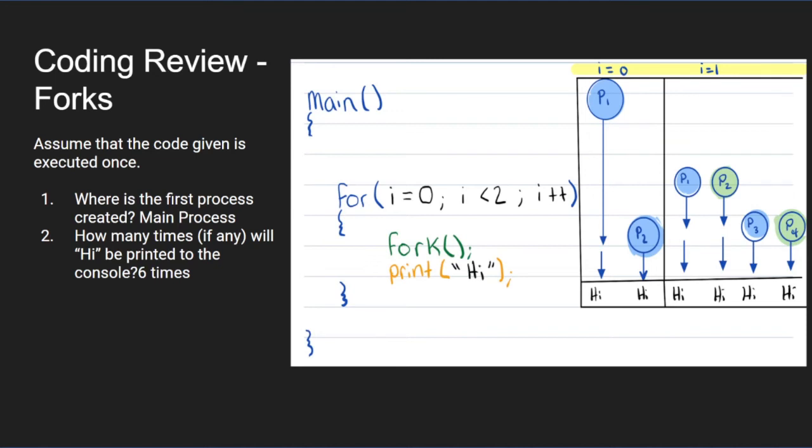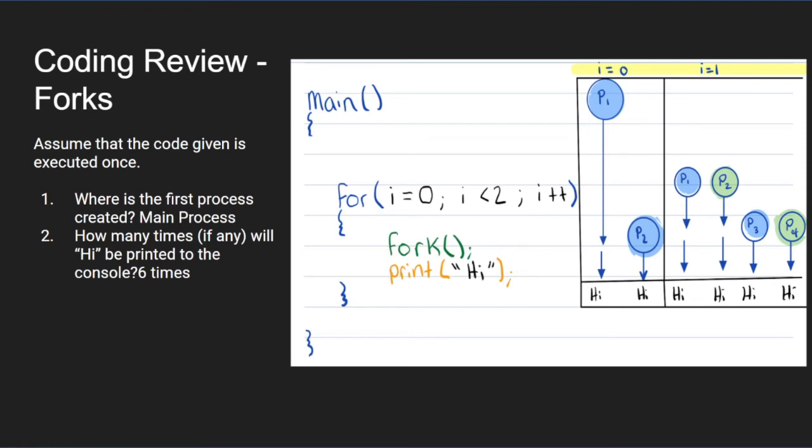Yeah, I can. So when the main process goes through the for loop when i equals 0, it forks and creates a child process. That child process will execute the print statement and print out hi, while the main process will also print out hi. So that's already 2.